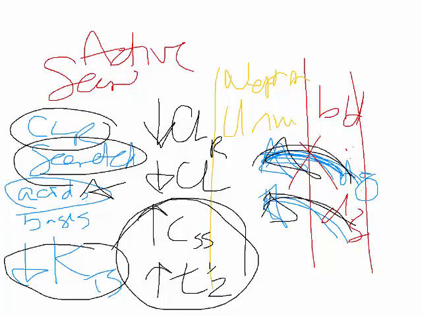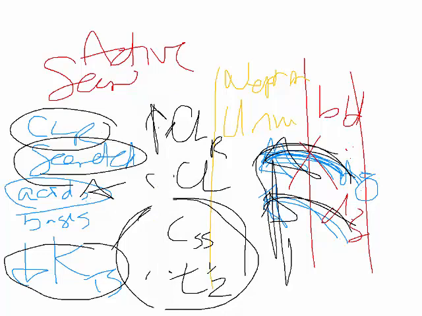Then the opposite would all be true, right? Clearance would increase because it's now getting a ride out into the urine. Total body clearance would increase, your CSS average would decrease, and your half-life would decrease. So you could be at risk now for lack of efficacy. Okay, so that's how we look at these things.